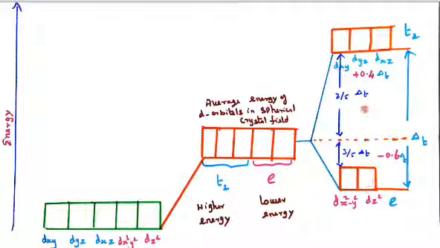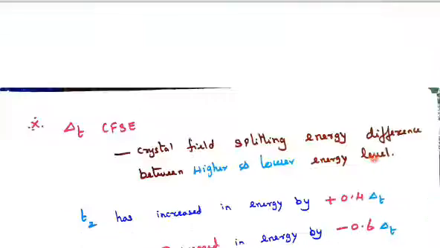So here, 3 by 5 delta T for tetrahedral occurs as lower energy, minus 0.6. Due to 2 by 5 delta T for tetrahedral, it is plus 0.4 delta T. It is increased energy and this one is decreased energy.